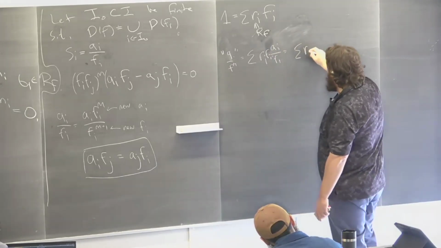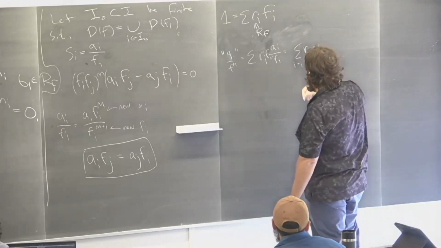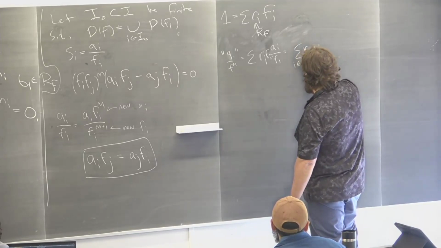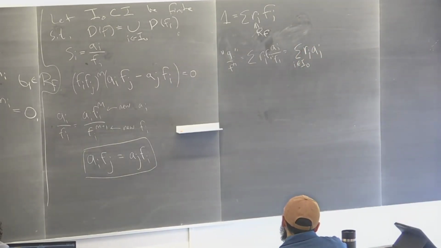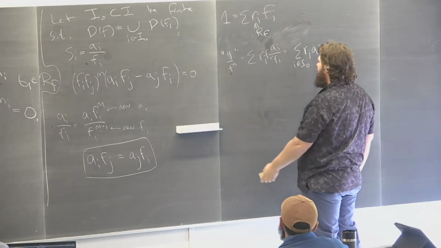So this guy should just be equal to Ri, and this is the sum over i. Okay. So this doesn't make any sense because I didn't know what this thing on the other side was.